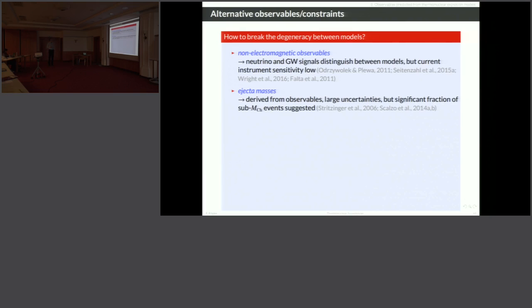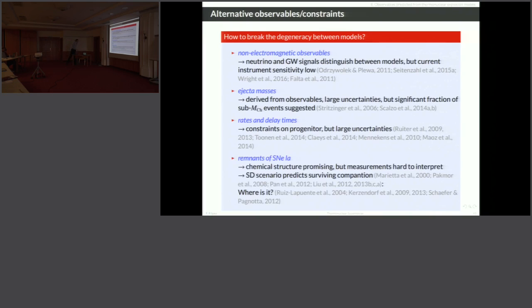This is afflicted with large uncertainties, but they find that a significant fraction of these objects don't reach the Chandrasekhar mass in the ejecta and are sub-Chandrasekhar mass explosions. Rates and delay times, well, this sets constraints on the progenitor evolution scenario, but is afflicted with large uncertainties, as we already discussed. But this has been discussed in the literature quite extensively.